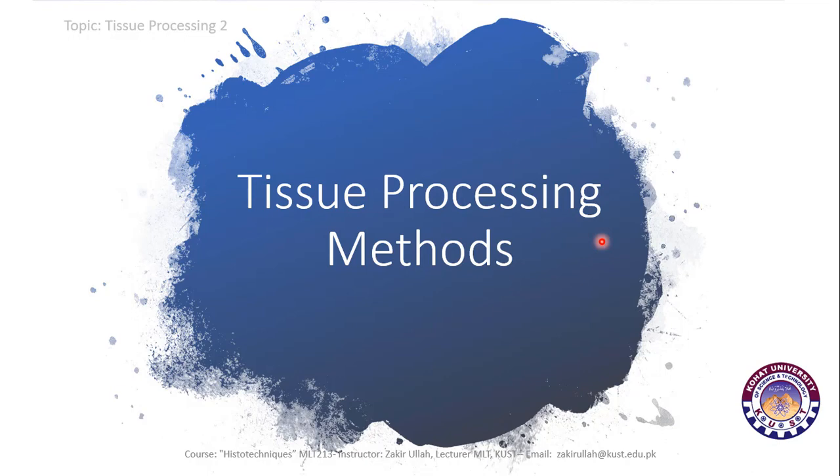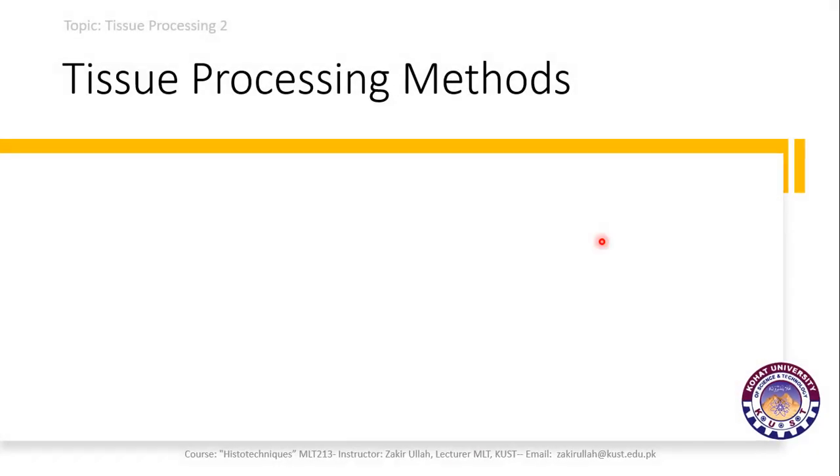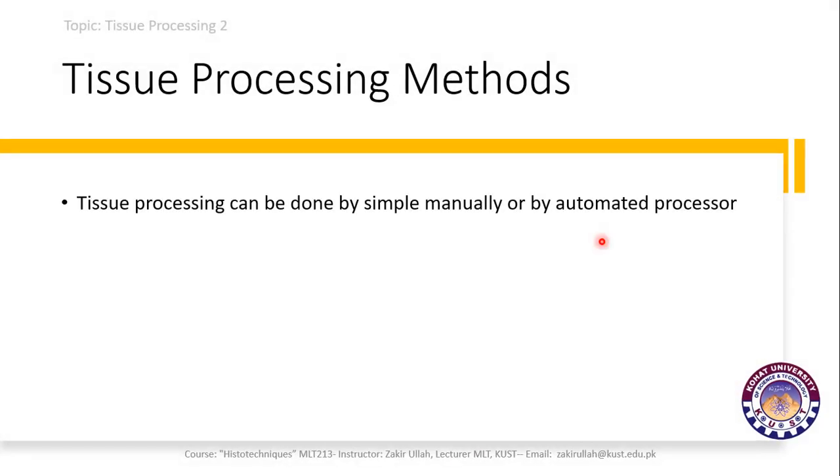Now let's discuss the different methods performed for the processing of the tissues. Tissue processing can be performed by the manual method or by an automated tissue processor.